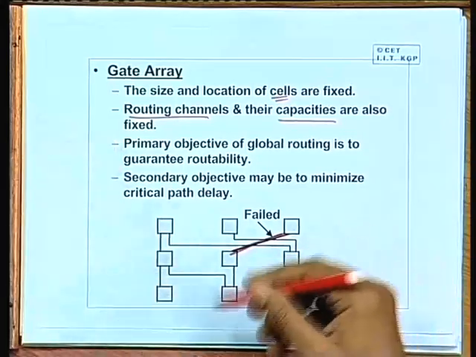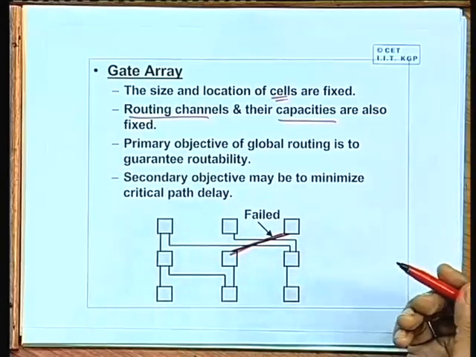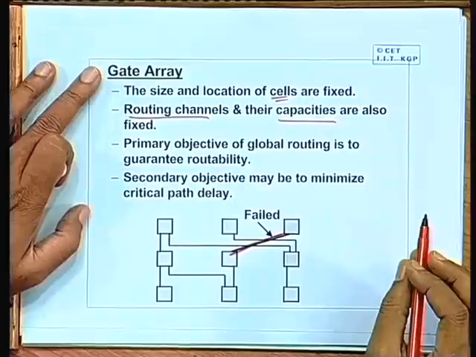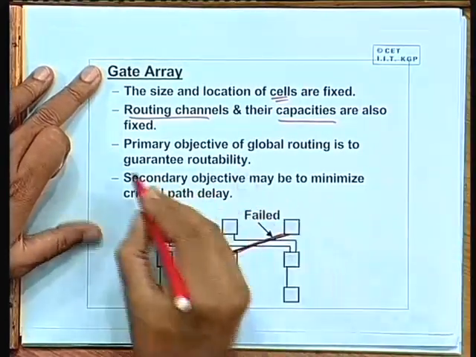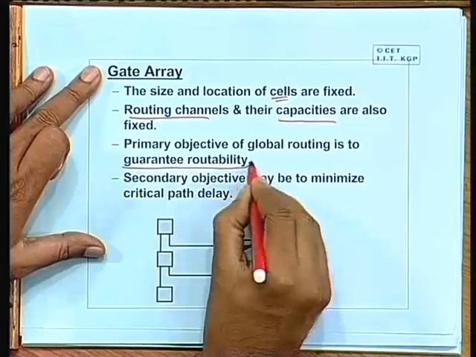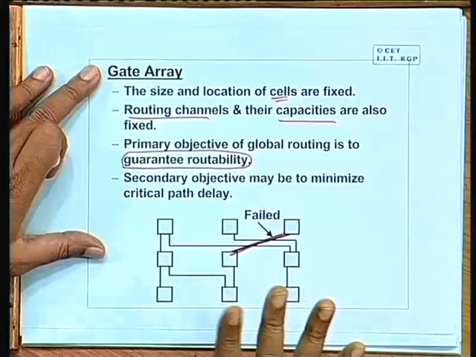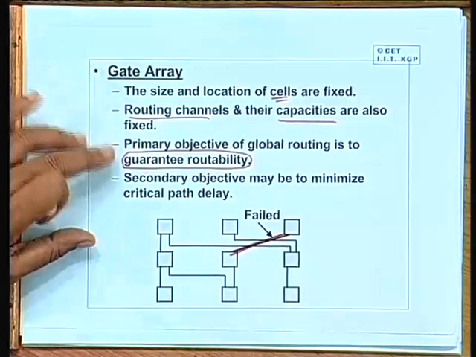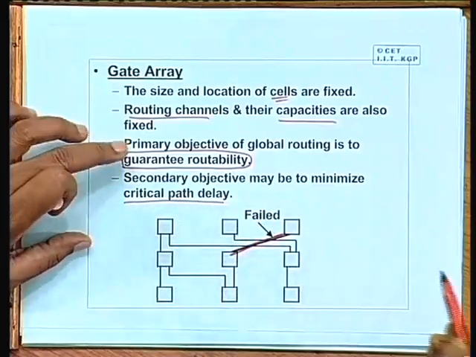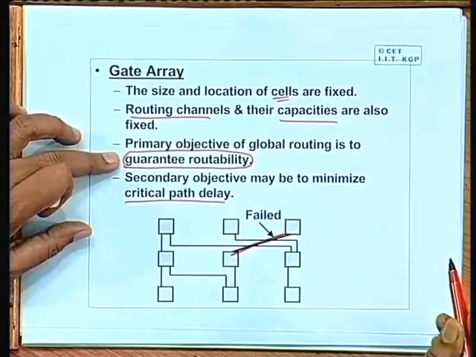So, you will have to change the placement and redo it. So, for a gate array, the main criterion is typically to guarantee routability, whether it can be routed within the available limited resource or not. Well, there are issues like critical paths and other things, they will also have to be addressed, but routability is most important there.